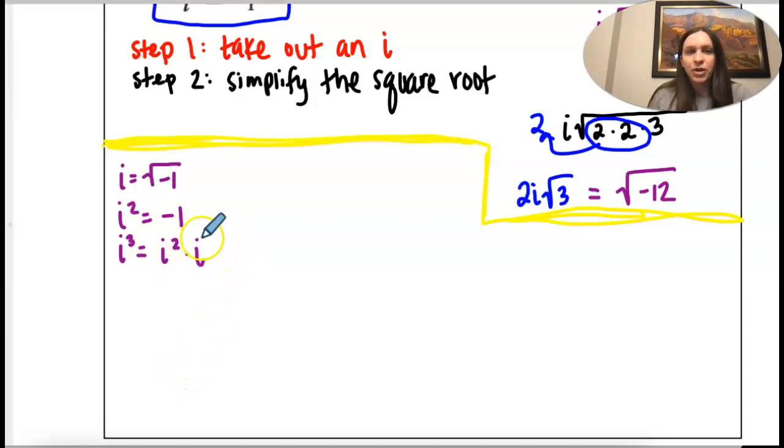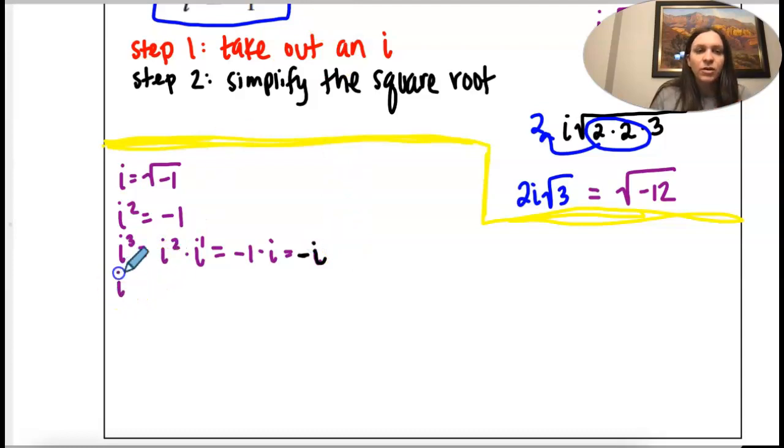I would just separate the exponents. That's really i to the first. So i squared is -1, and then i is just i. We leave it in our answers. So -1 times i would be -i. So i cubed is equal to -i.